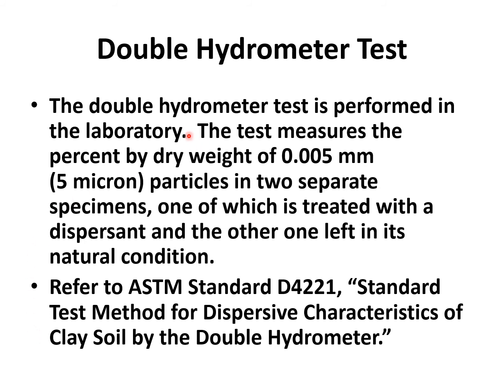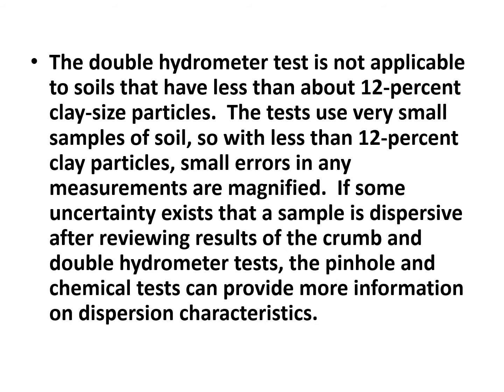So I will repeat, the basic theme of the test is that it measures percent by dry weight of 0.005 mm particles in 2 separate specimens, one of which is treated with a dispersant or dispersing agent and the other one left in its natural condition. The double hydrometer test is not applicable to soils that have less than about 12% clay-sized particles.